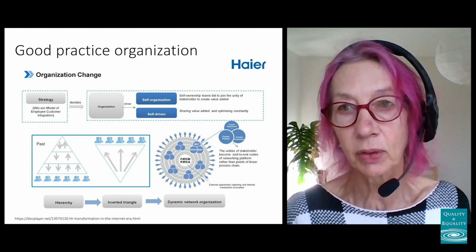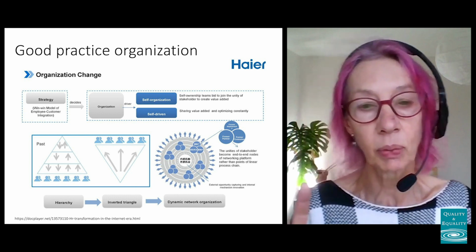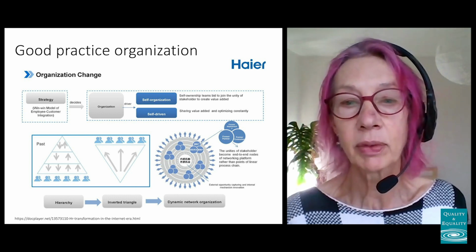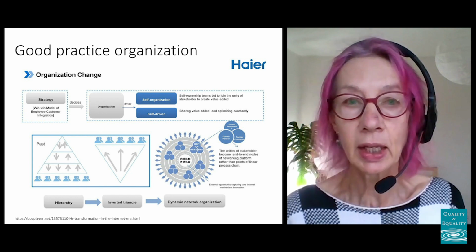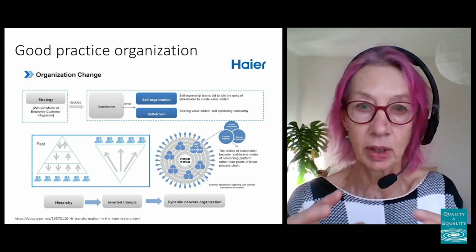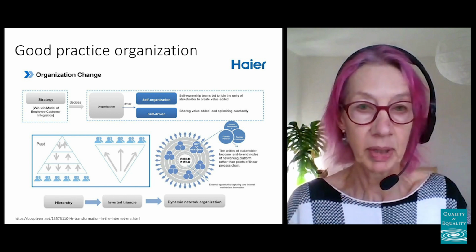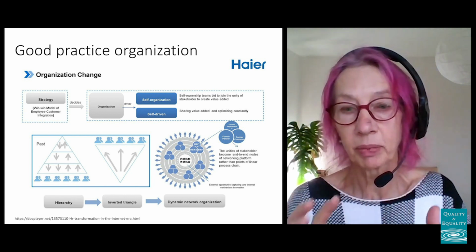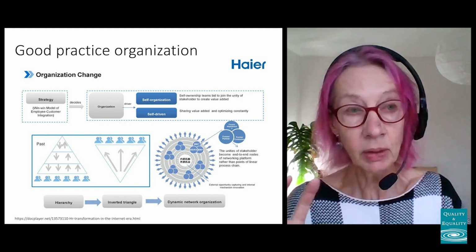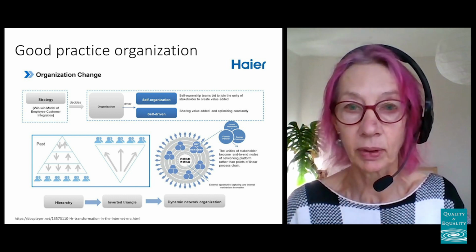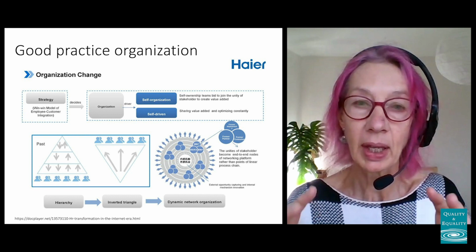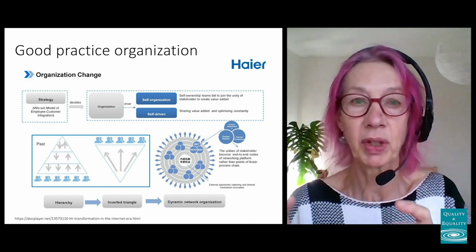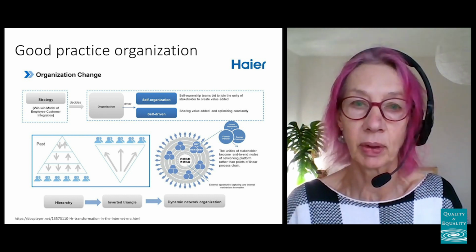So fridges, refrigerators, is what's most commonly quoted. You have different models of refrigerator. Each end-to-end refrigerator is designed and managed by a team, and they are self-managing. Now, clearly, there are some interdependencies, because you can't have every team for every refrigerator setting up their own supply chain, for example.